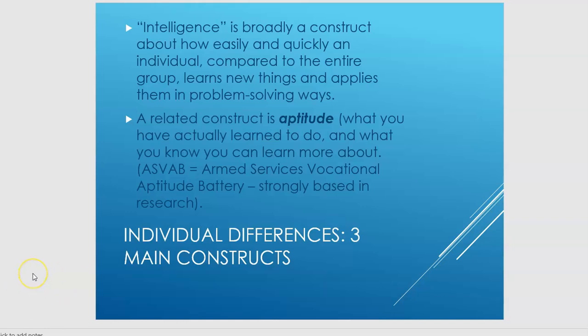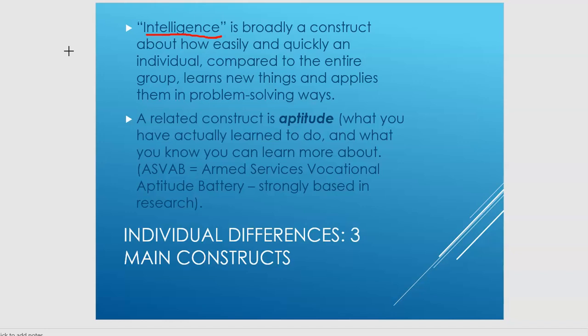If you know anything about the sort of conflicts and arguments about just exactly what intelligence is, you know that a lot of people have suggested that this is a construct that maybe doesn't have a lot of usefulness.